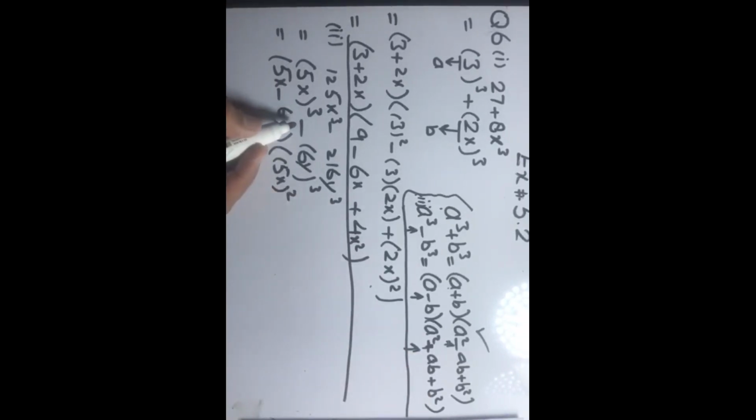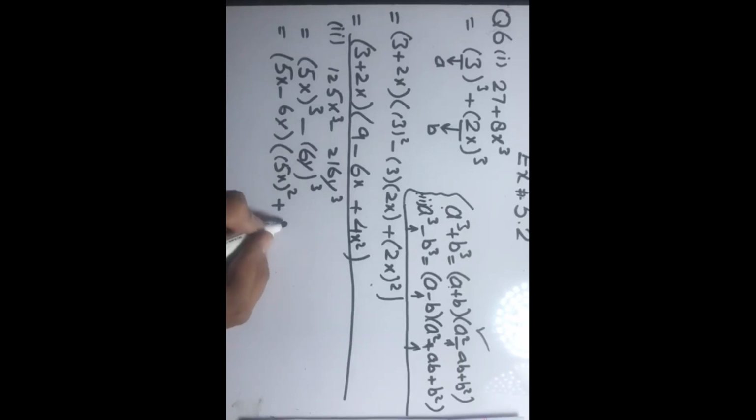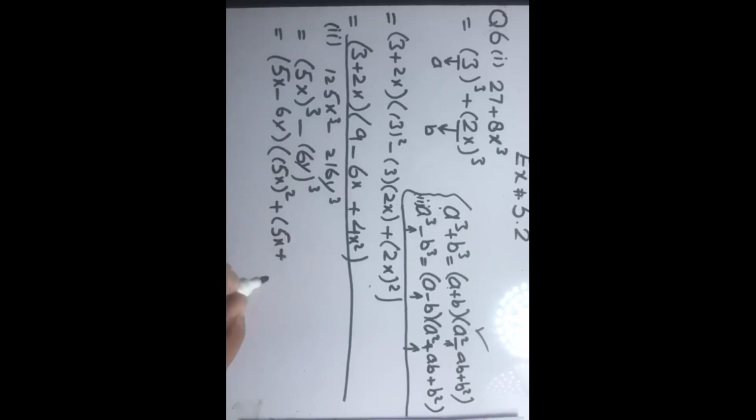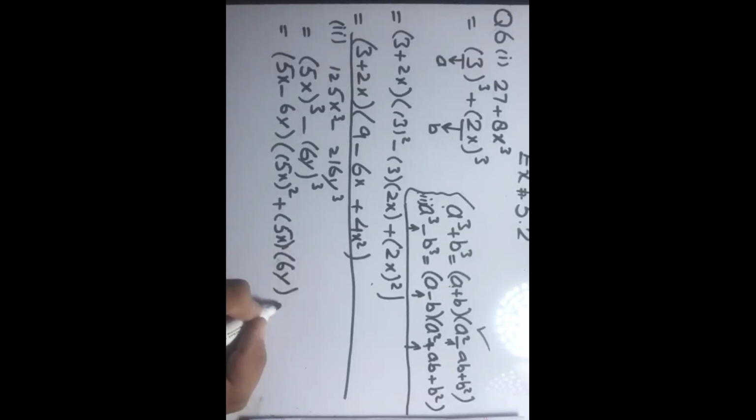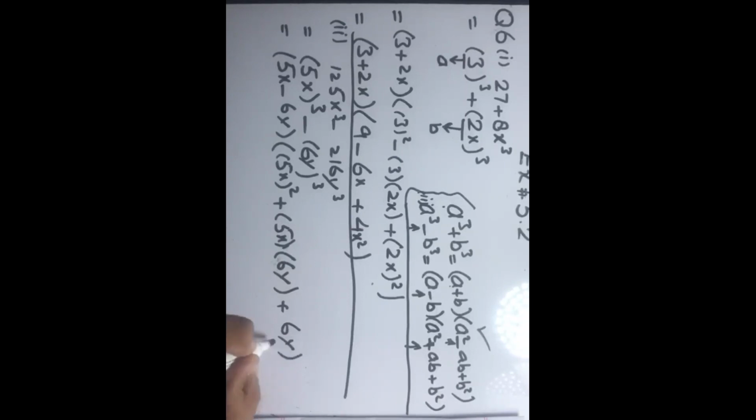Now if the sign with b is minus, then we use a plus sign at this place, that is 5x into 6y multiplied, plus 6y whole square.